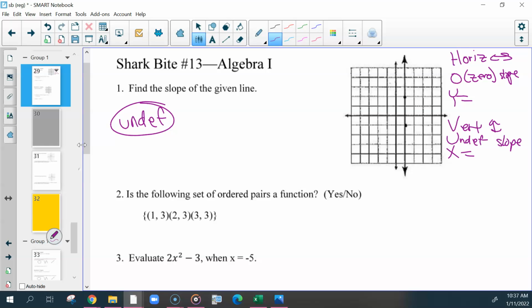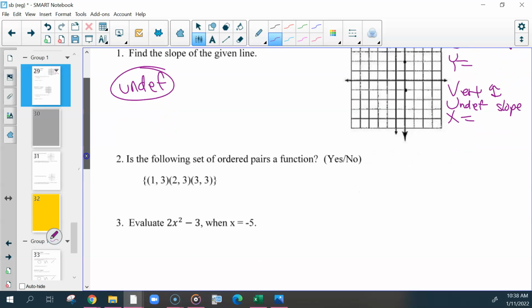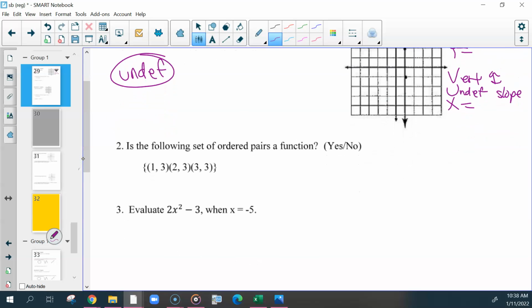For number 2, is the following set of ordered pairs a function? In order to determine if this is a function or not, we need to look at our x values. If all of our x values are different and go to different y values, or each x has a different y value, then we can say it is a function.